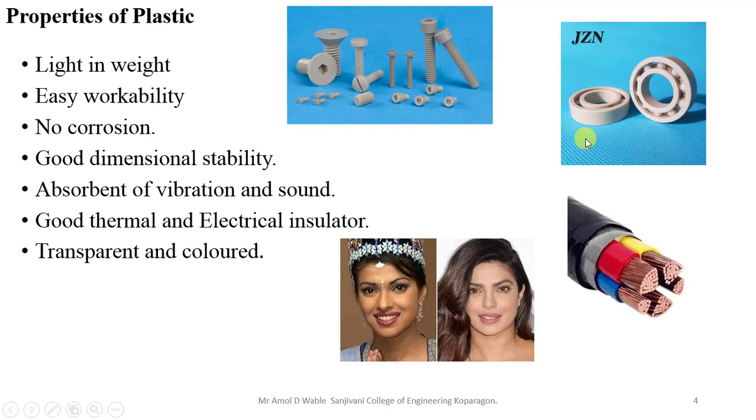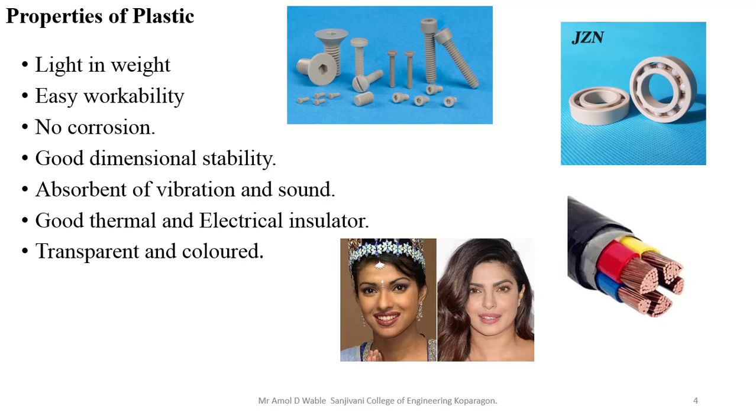So, the properties of plastic. Here I have shown some components: screw, Allen screw, bearing, and a plastic insulator. Due to light weight, easy workability, and no corrosion in plastic, all the parts which were made before with metal are replaced with plastic.